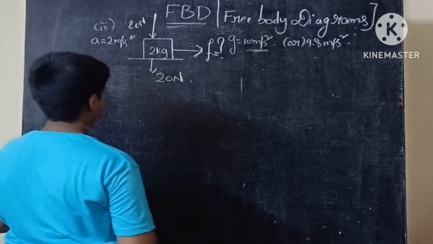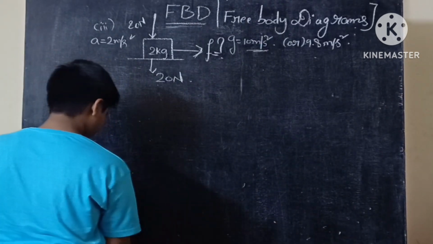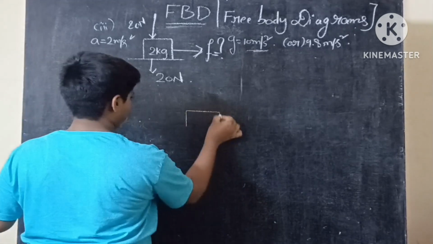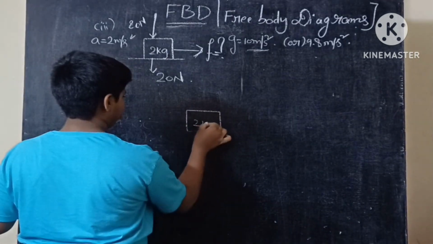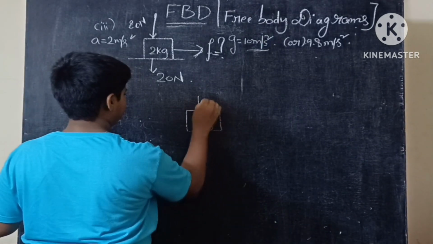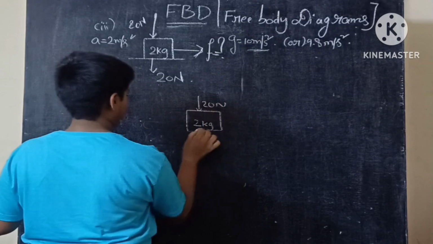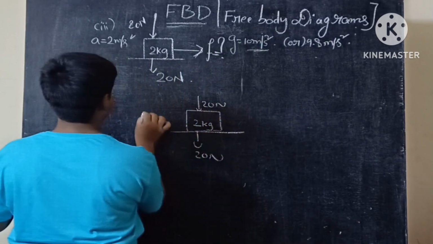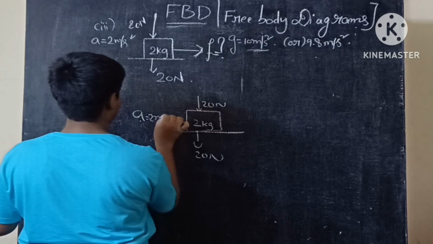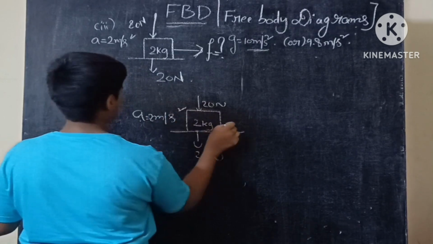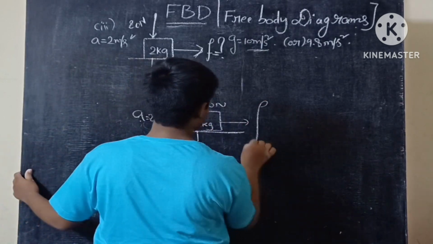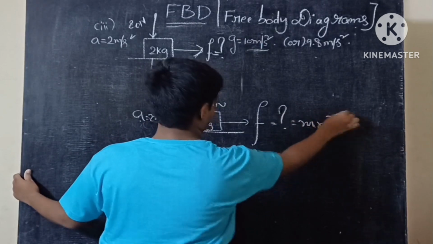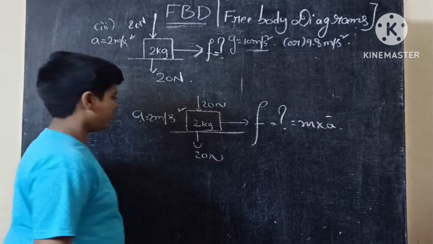And if we see the free body diagram, first isolate the 2 kg body, downwards 20 newtons, and downwards 20 newtons, and this is the surface. Here they give acceleration 2 meter per second square, and here we have to find the force. Force is nothing but mass into acceleration.